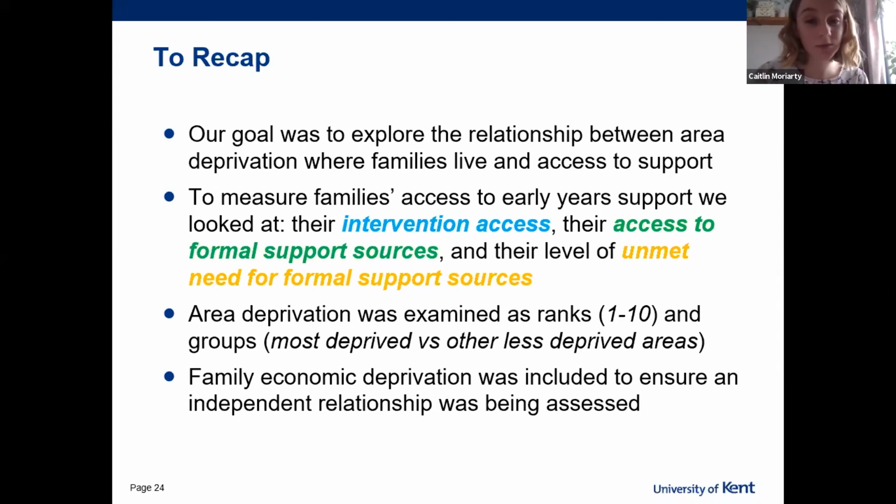Area deprivation was examined as ranks, those were for the deciles from 1 to 10, and as 2 comparative groups, the most deprived areas versus the least deprived areas. And finally, we also examined family economic deprivation, as it's a closely related factor, and we wanted to ensure that we were examining an independent relationship between area deprivation and access to early years support.